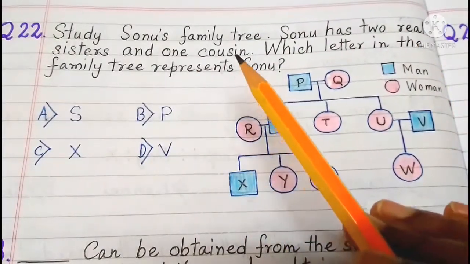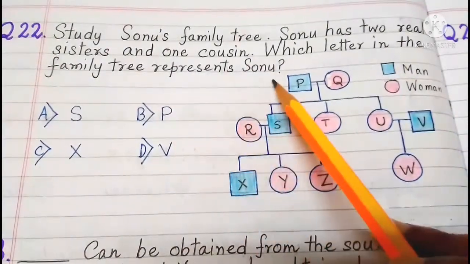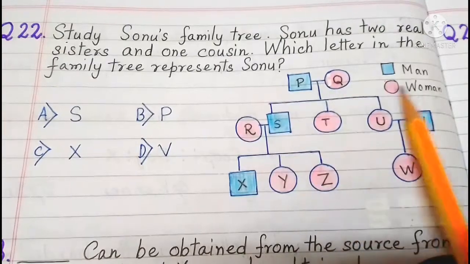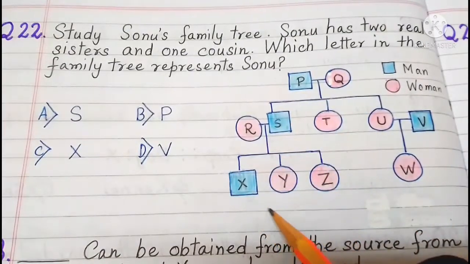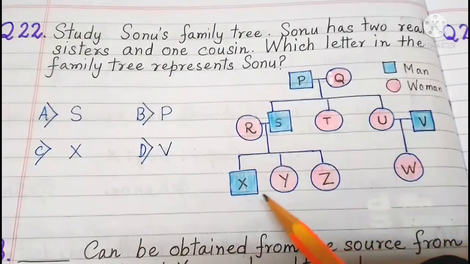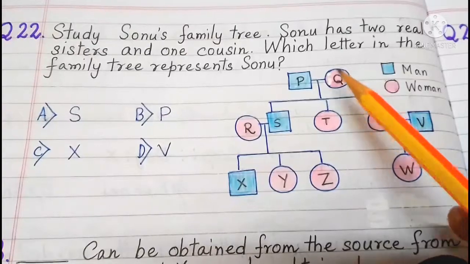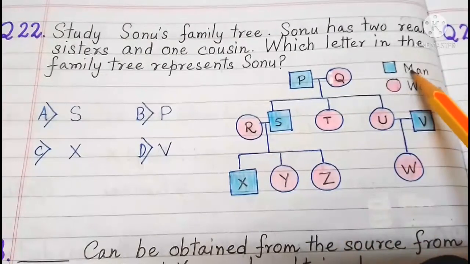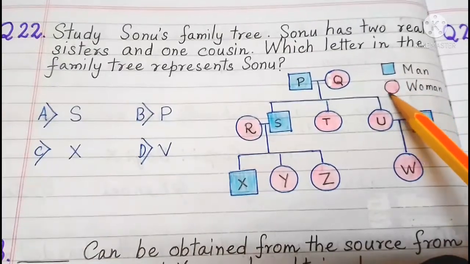Cousin sister actually, which letter in the family tree represents Sonu? Out of all the letters written over here, you have to find out who is Sonu. Is it R, S, T, U, V, X, Y, Z? Who is Sonu? So remember in a family chart that a man is represented by a square box and a woman with a circle.